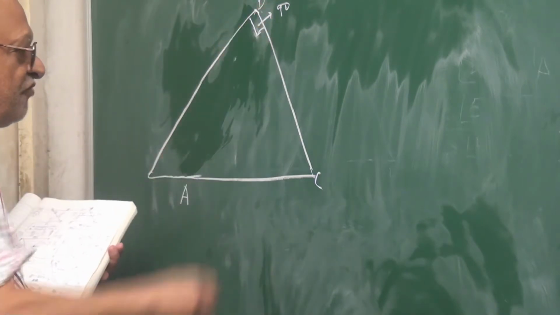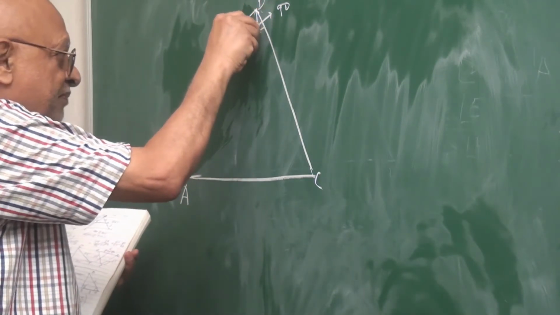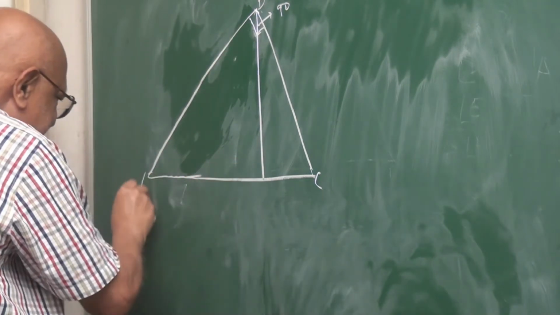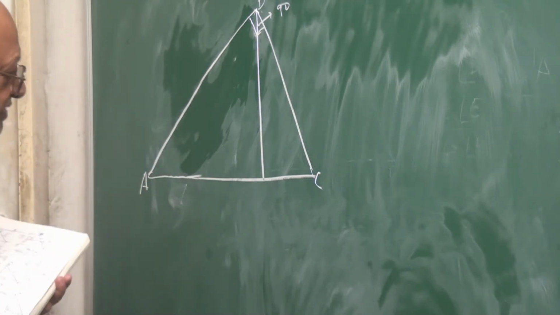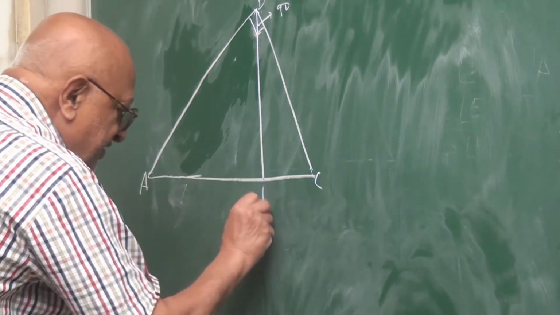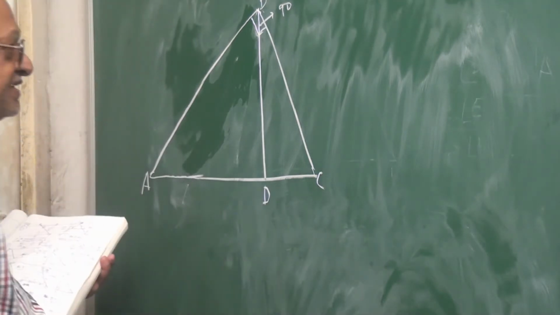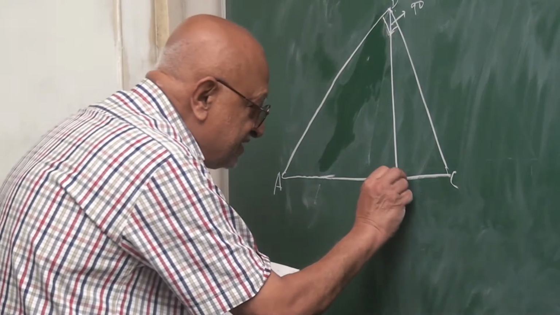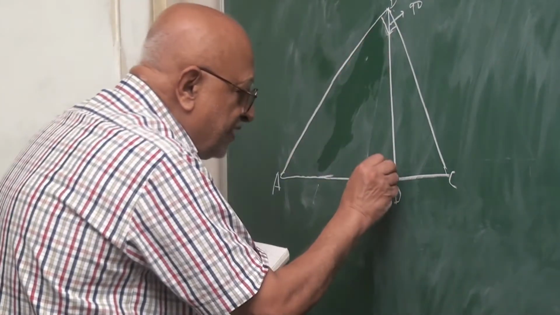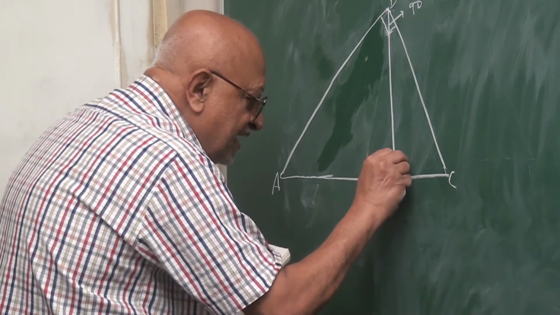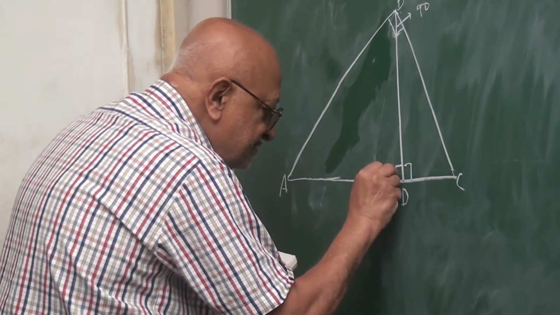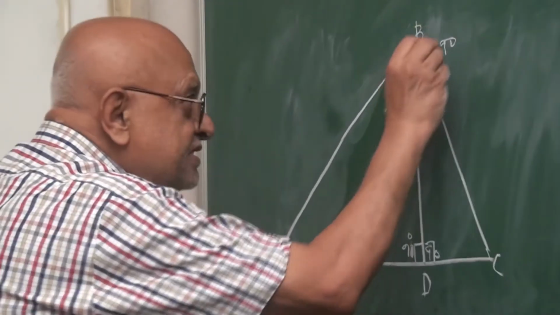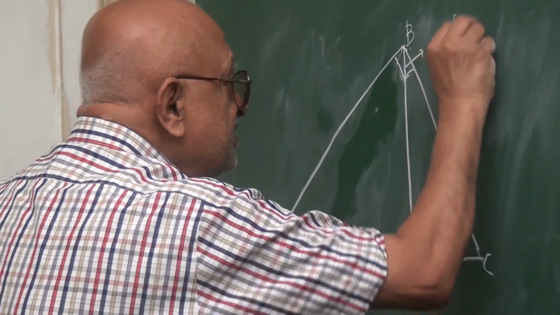Now from here, a perpendicular is dropped on the opposite side. Opposite side means the AC side. So this point is D. And since this is a perpendicular, I can say these two angles are 90 degrees.